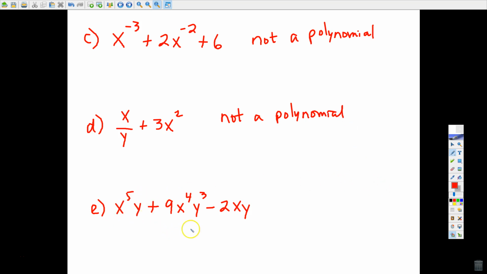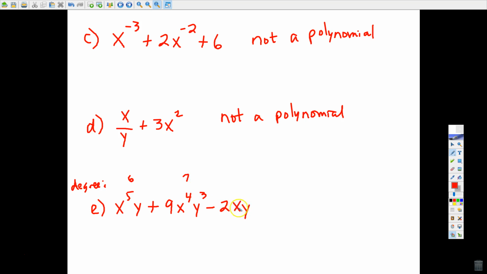What about letter E? Looks like we have a polynomial because each one of these represents a monomial. So let's determine the degree. I'm just going to write it across the top. For this first monomial, we would say 5 plus 1, which is 6. For this second monomial, we would do 4 plus 3, which is 7.